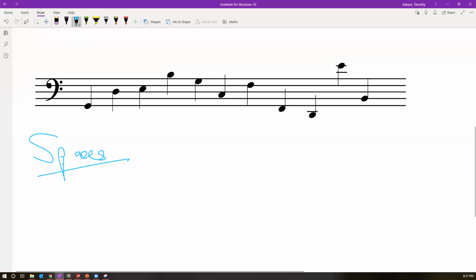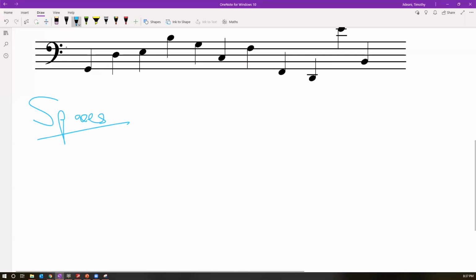Okay, spaces for this. Remember, if this is F, our space there, then we can run everything. So remember, we go alphabetically up, alphabetically down.